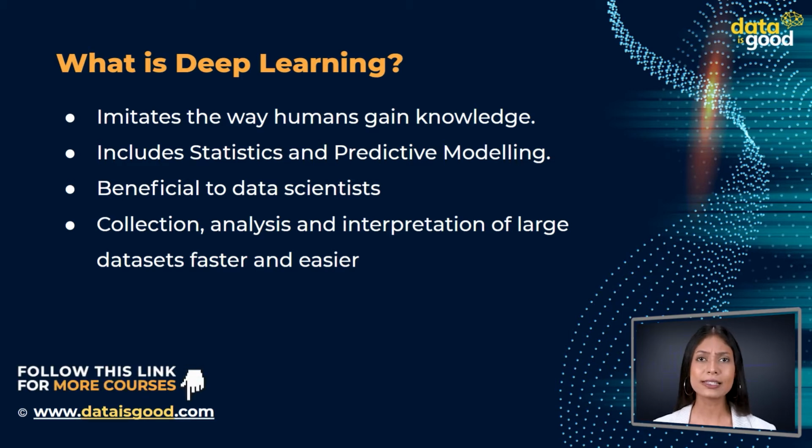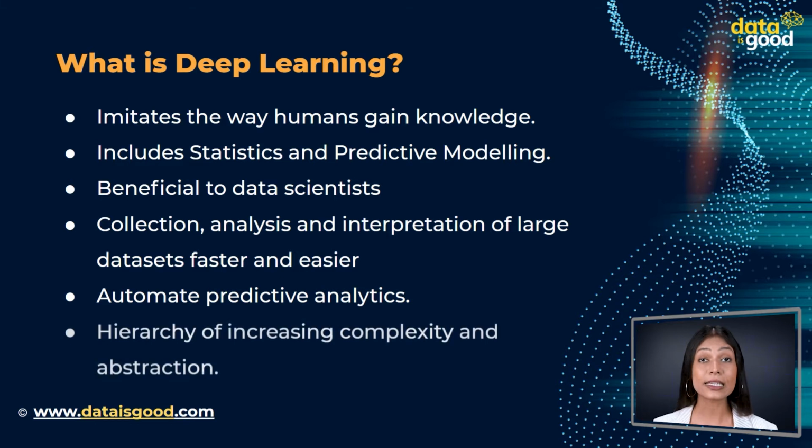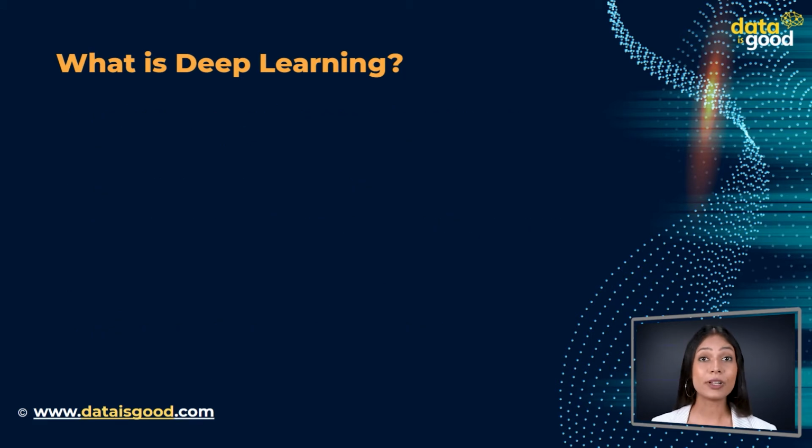In simple words, deep learning can be thought of as a way to automate predictive analytics. While traditional machine learning algorithms are linear, deep learning algorithms are stacked in a hierarchy of increasing complexity and abstraction. Deep learning uses unsupervised data.